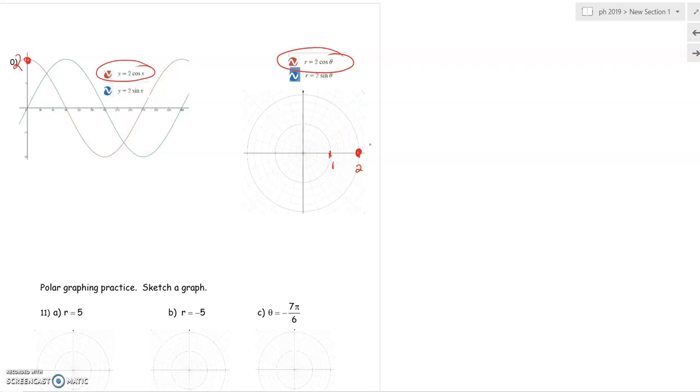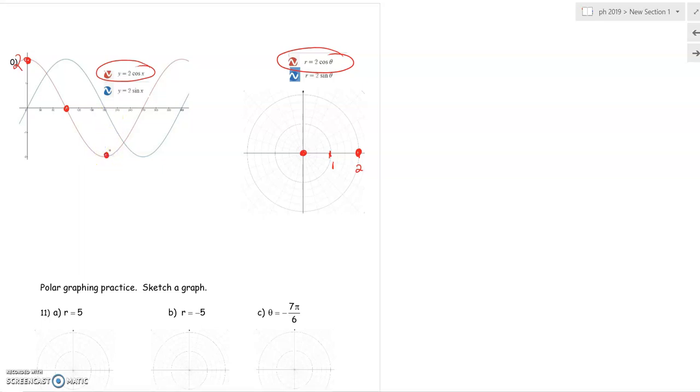Now, let's think about some other critical values. At 90 degrees, when you think of y equals 2 cosine x, the y value is 0. So at 90 degrees, our r value would be 0 because the cosine of 90 is 0. Another critical value, let's take a look at 180.